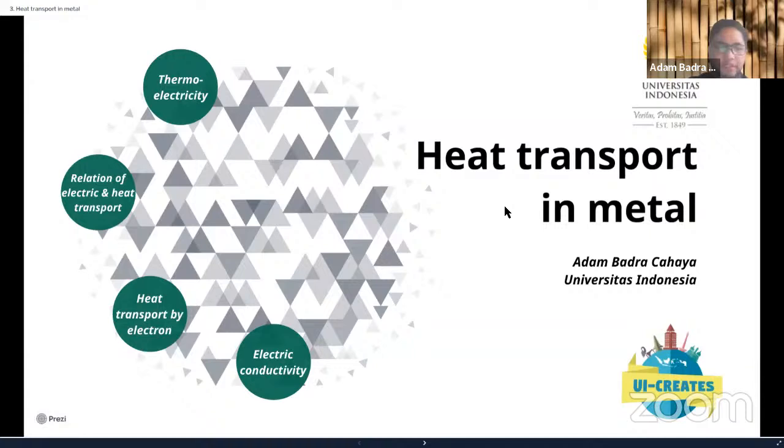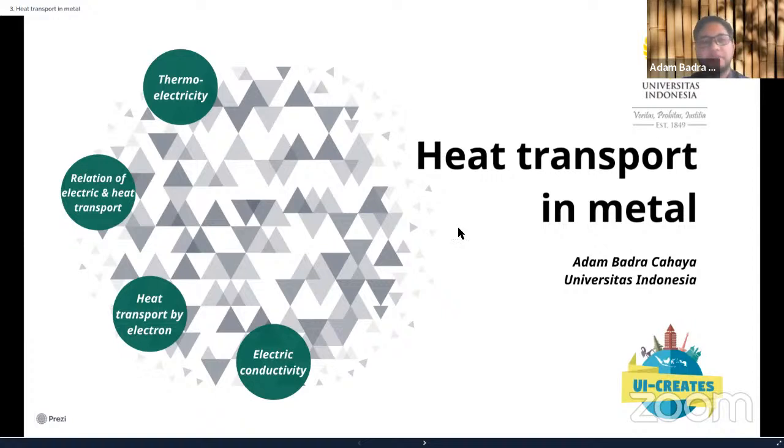Okay, today we will continue our discussion about the importance of conduction electrons in heat transport in metal. Yesterday we showed that conduction electrons play an important role in electrical transport in metal.